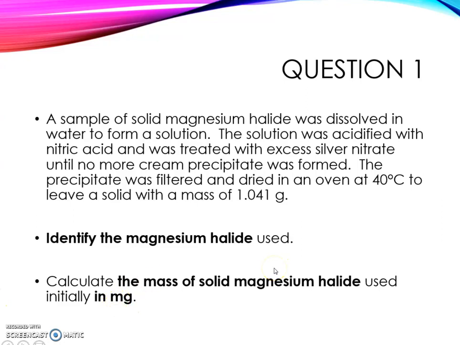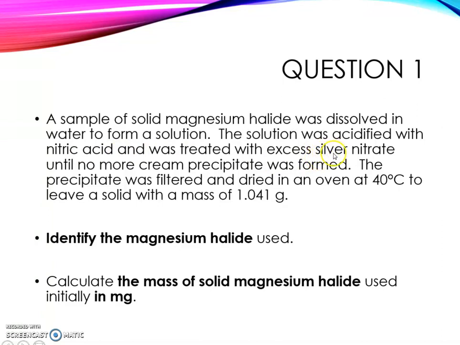So where do you start with a question like this? You start with your knowledge of Group 7 Chemistry. The halide solution was acidified with nitric acid and was treated with excess silver nitrate. So the nitric acid is there just to dissolve any residual carbonates, make sure there's no negative ions interfering with this test.